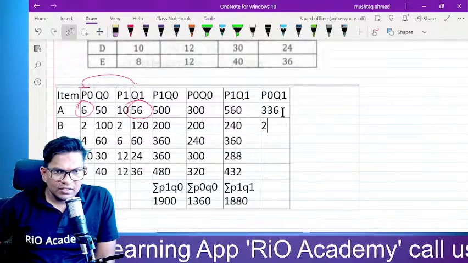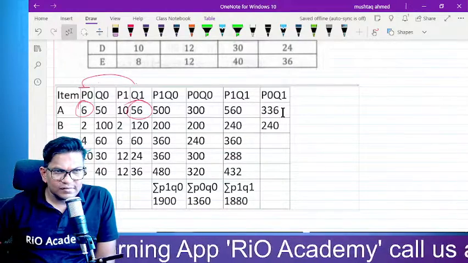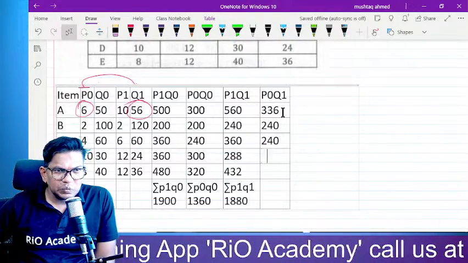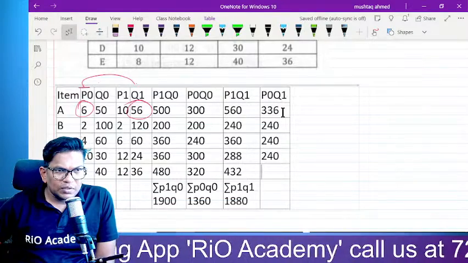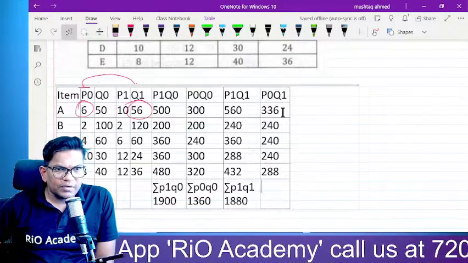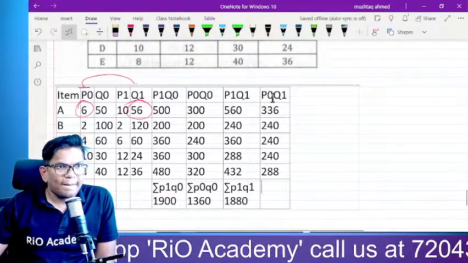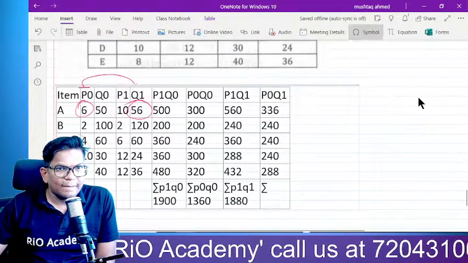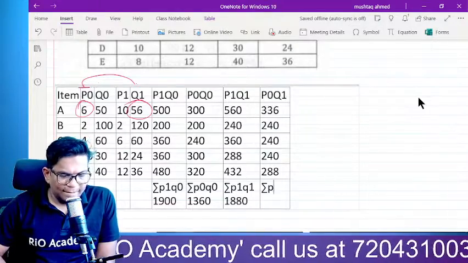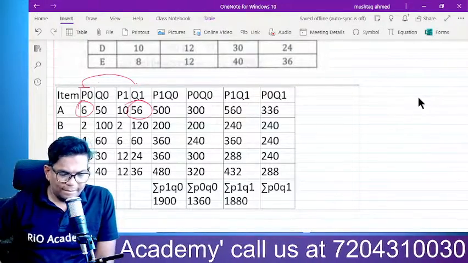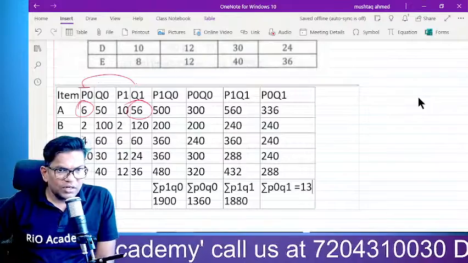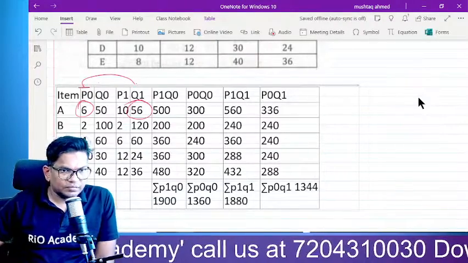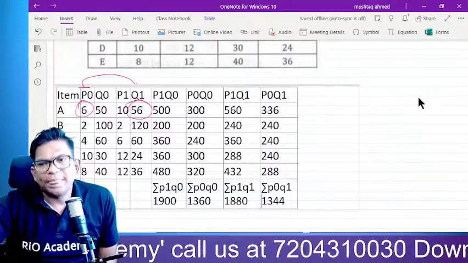Next, 240. 240, 288. 1344. Yes. Chalo, we got all now.